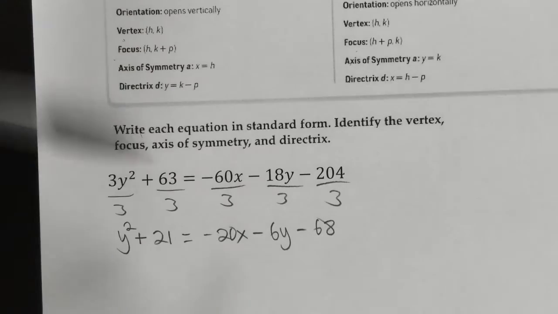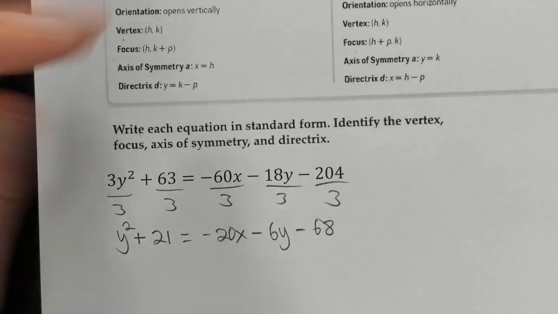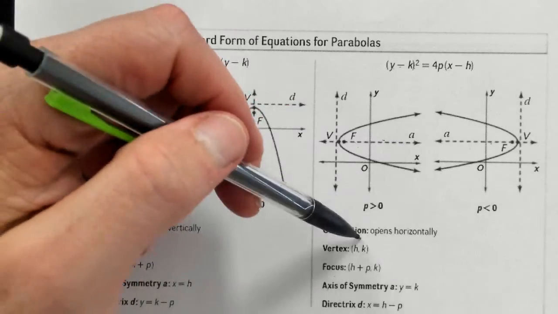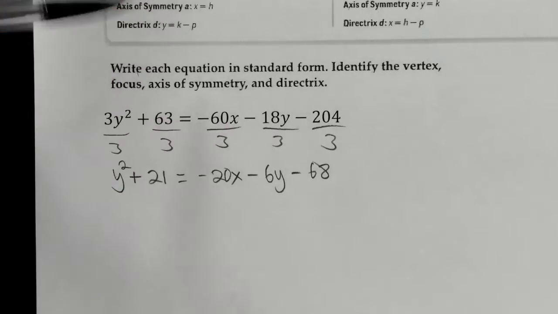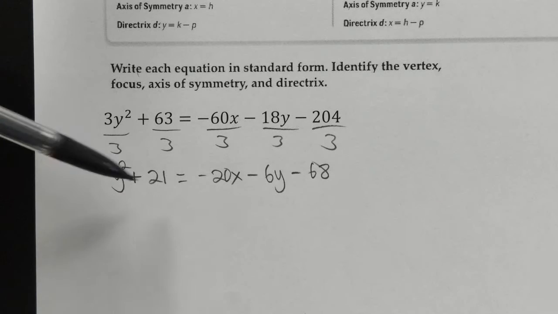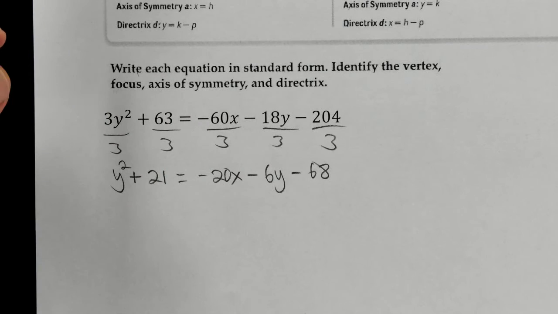So like on this one, my y variable is squared, and so we know that it opens horizontally, and this is the format that we're going to use. So I need all the y terms on the left-hand side and everything else on the other side so that I can complete the square in the next step.